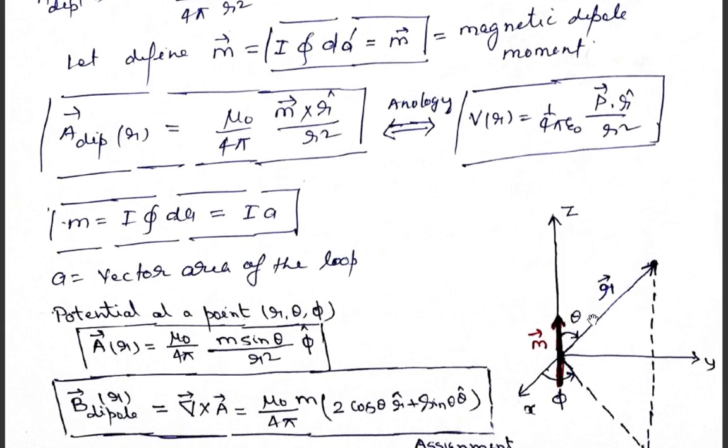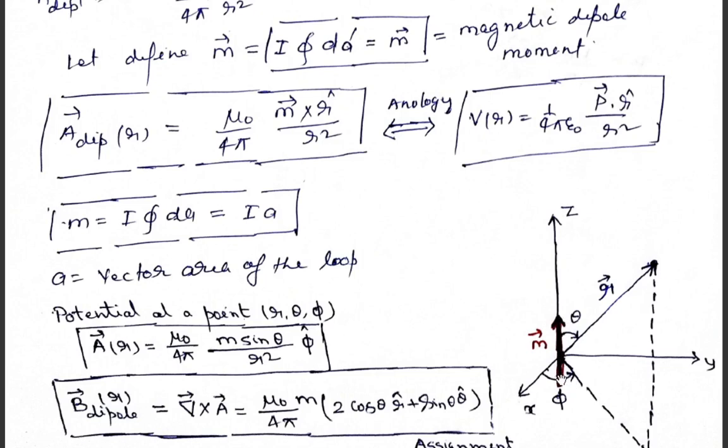Because of the circular loop, we know the current is flowing in a circular loop along this direction. So the area of the circular loop will be along the z direction. If the area of the circular loop is along the z direction, obviously the magnetic dipole moment will also be pointing along the z direction.